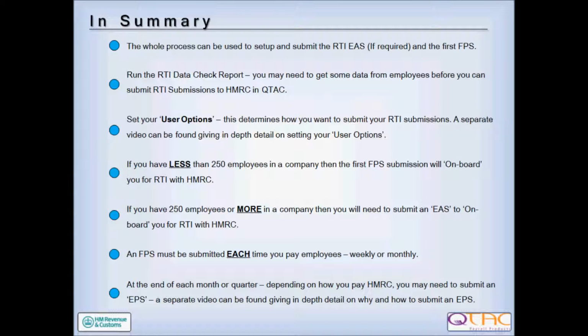And remember, a separate video can be found giving in-depth detail on setting your user options. If you have less than 250 employees in a company, then the first FPS submission you do will onboard you for RTI with HMRC. If you have 250 employees or more in a company, then you will need to submit an EAS to onboard you for RTI with HMRC.